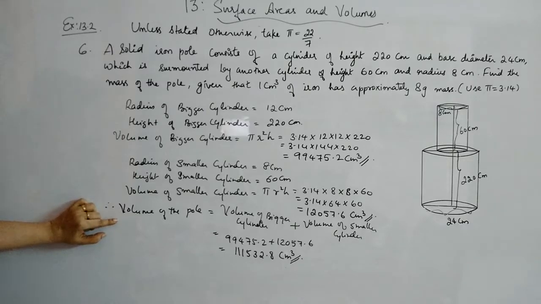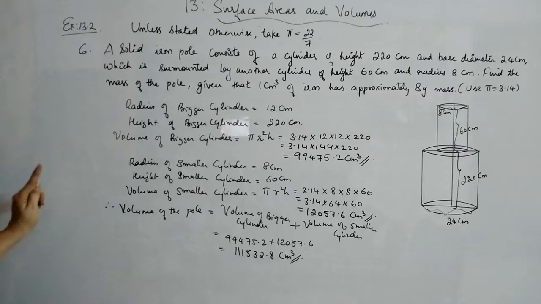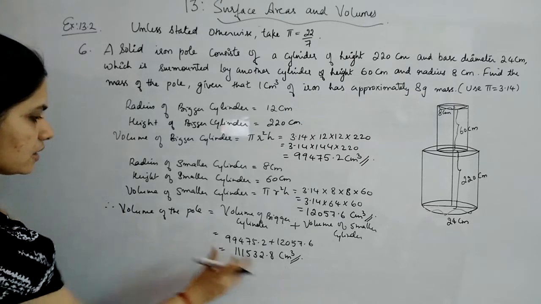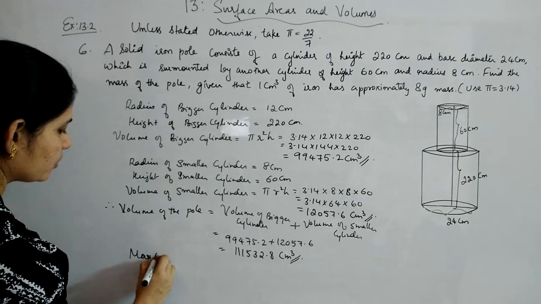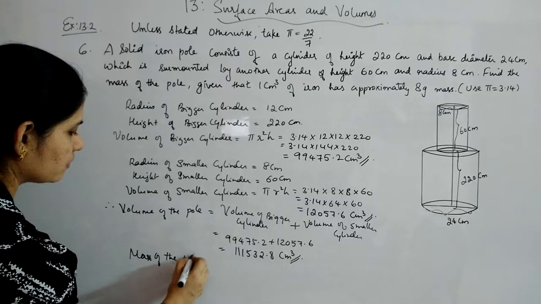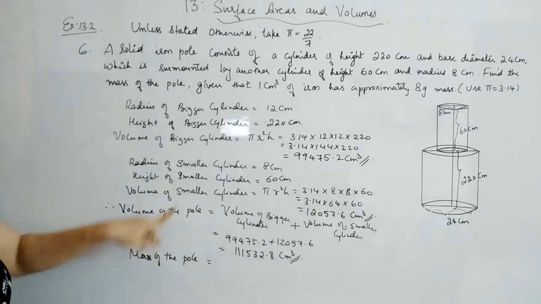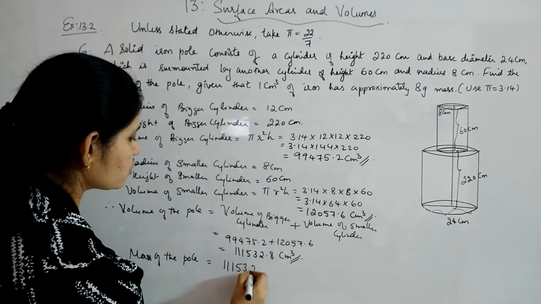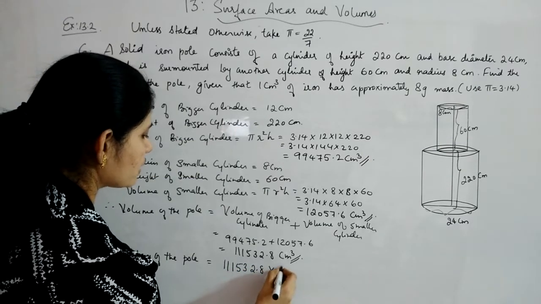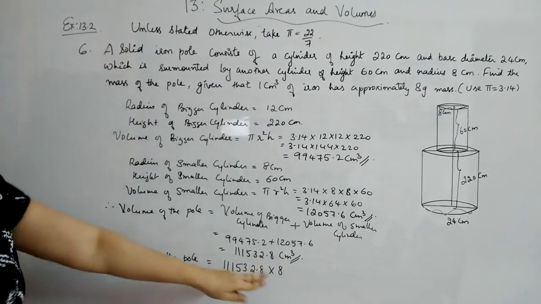Now we have to find out the mass of the pole. Okay, what is given? For 1 centimeter cube of iron, it is 8 gram. So for this much of, that is the mass of the pole, total pole will be the volume of the pole into 8. So 111,532.8 into 8, and that will give you in grams.